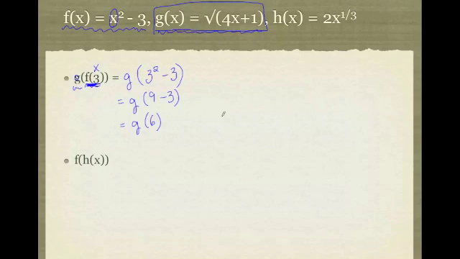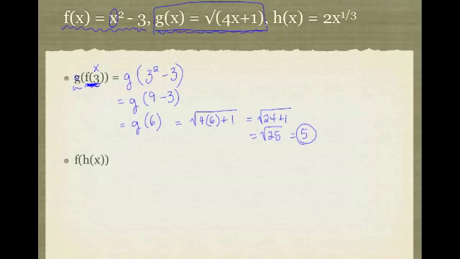My G function is the square root of 4x plus 1. So I'm going to put that 6 in for that x. So the square root of 4 times 6 plus 1. That's the square root of 24 plus 1, so it's the square root of 25, which is 5.